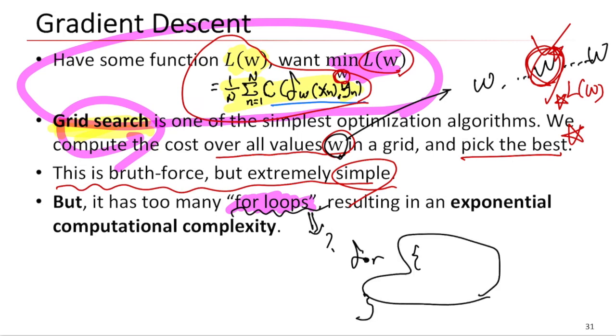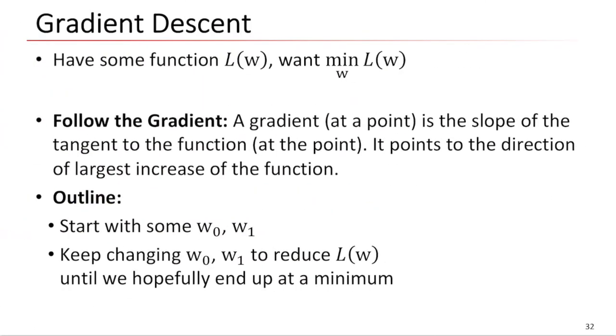Within this for loop, you have to compute the loss function for every possible W, right? So it will generate exponential computational complexity. We don't want this, because we want to make our algorithms more efficient and effective, so we need a fancier or smarter method.